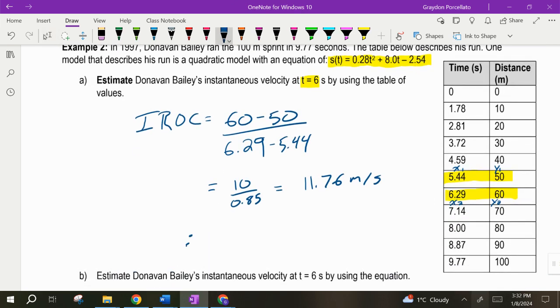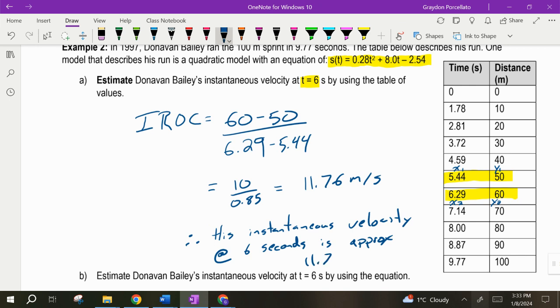So therefore, his instantaneous velocity at 6 seconds is approximately 11.76 meters per second.